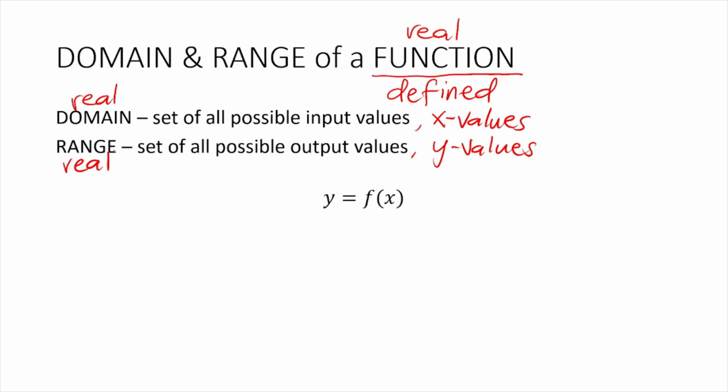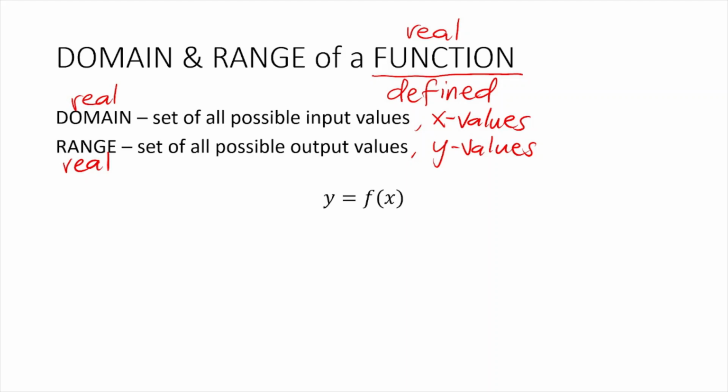However, just because we limit the x values to only real numbers doesn't mean that we will always get real y values. This will ultimately depend on how the function is defined. In other words, we have to look at what operations are involved in the function.